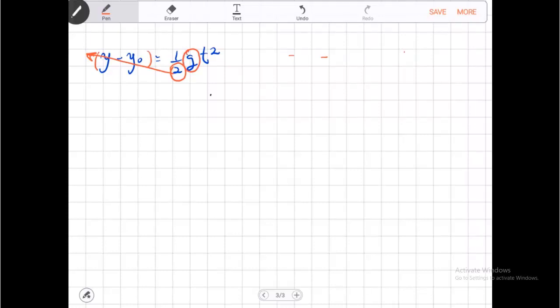We move it to this side, but to divide. And when we do that, we get 2 divided by the gravity, multiplying the difference y minus y0, equal to the time squared.